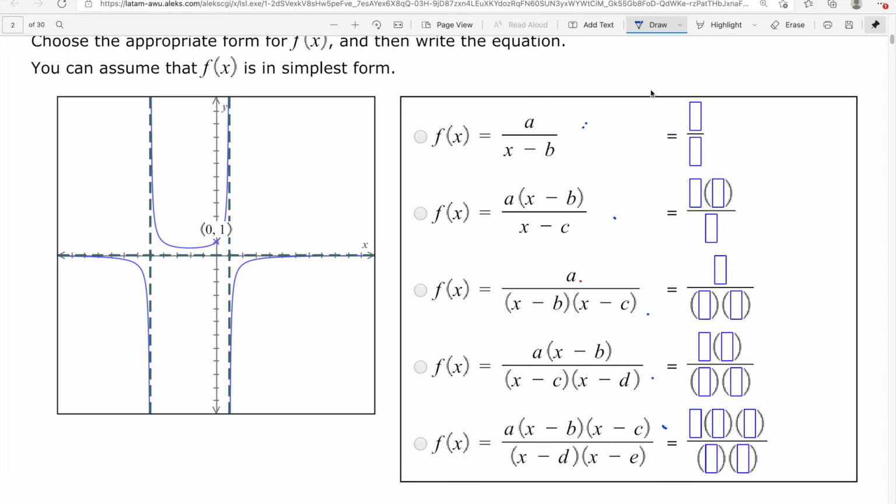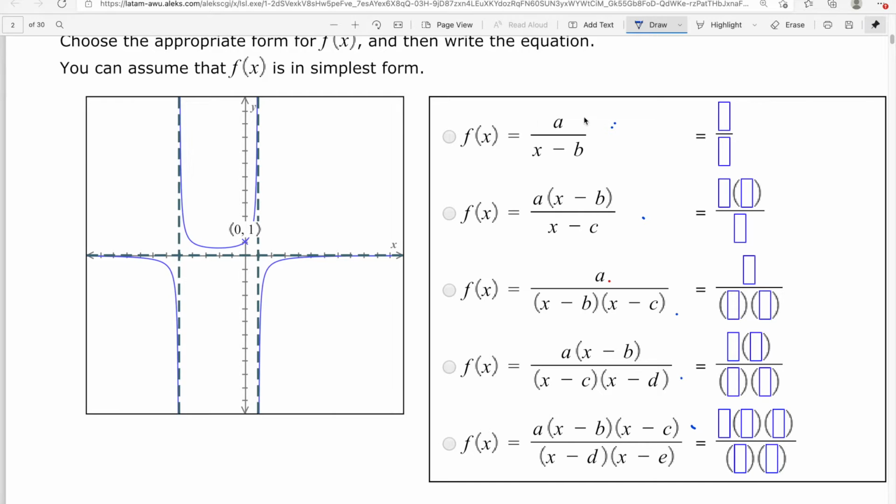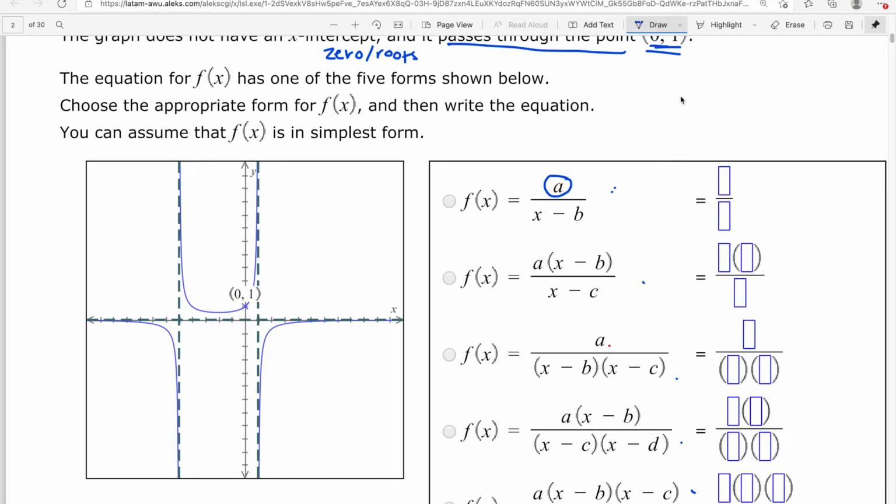Let's see each one. Remember, when we have a rational function, how can we get everything? We know that we can get the zeros from the upper equation, the numerator of the fraction, and from the downside, the denominator, we can get the vertical asymptotes, right?